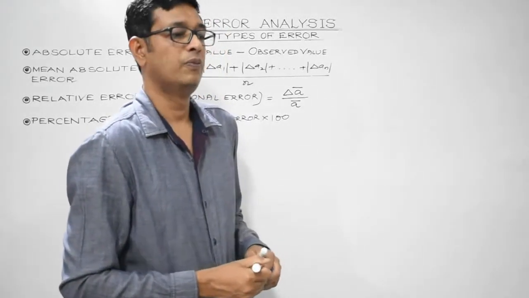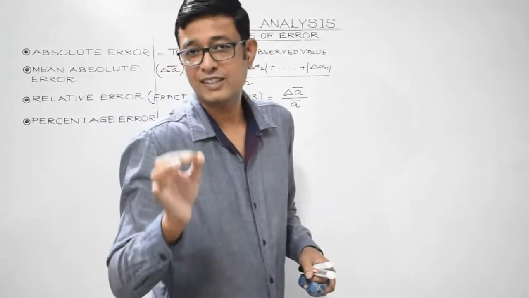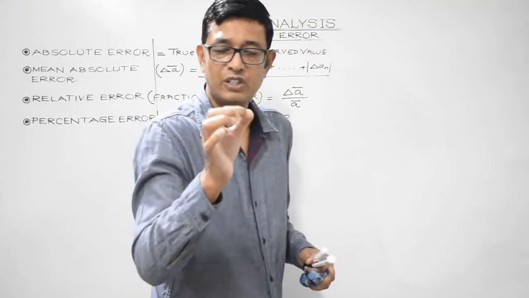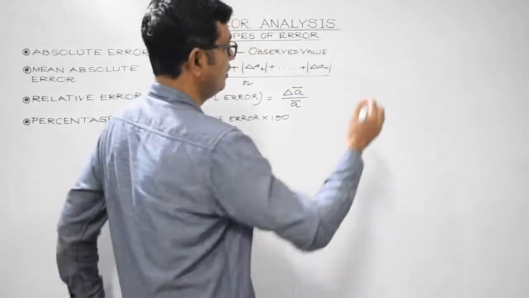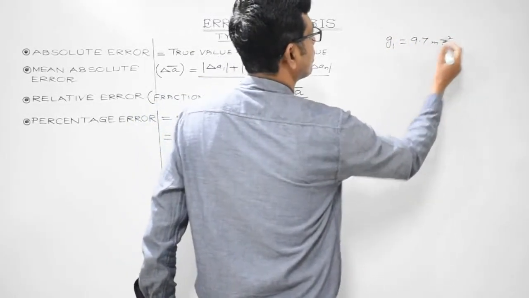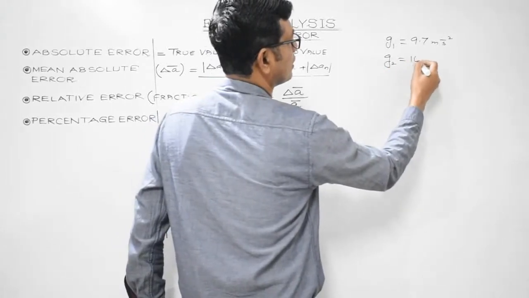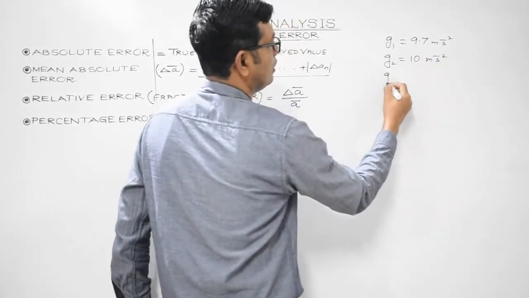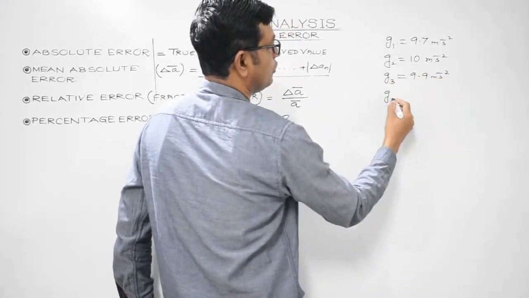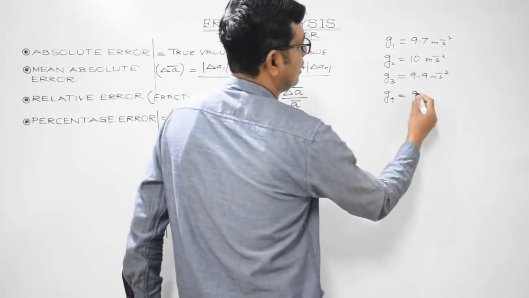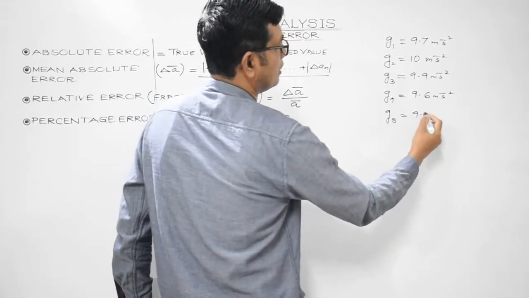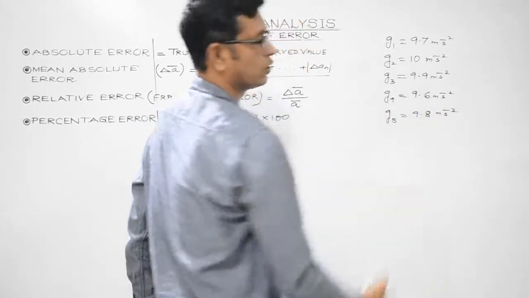So, suppose in a simple pendulum experiment, the observed values of acceleration due to gravity are found to be g1, suppose it is 9.7 meter per second square, g2, suppose it is 10 meter per second square, g3, suppose it is 9.9 meter per second square, g4, suppose it is 9.6 meter per second square, and g5, suppose it is 9.8 meter per second square.